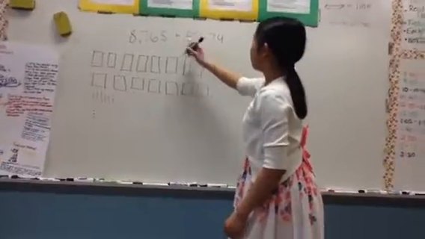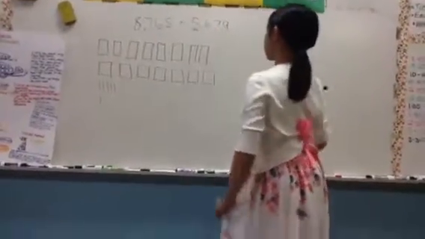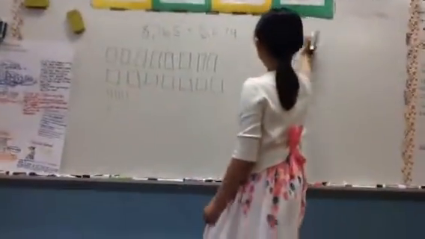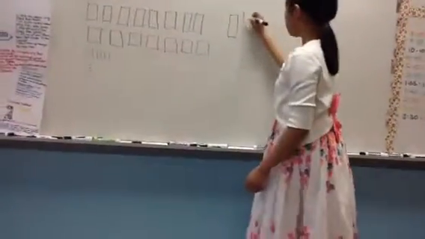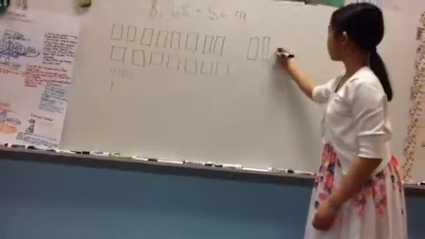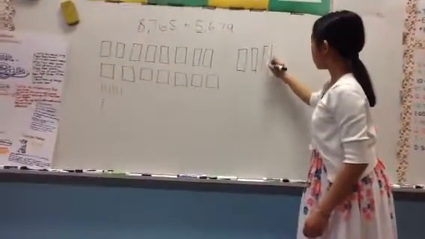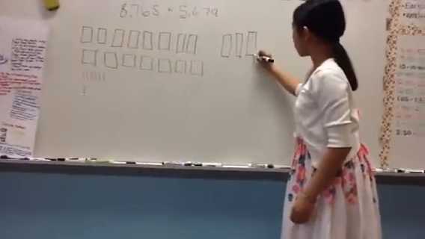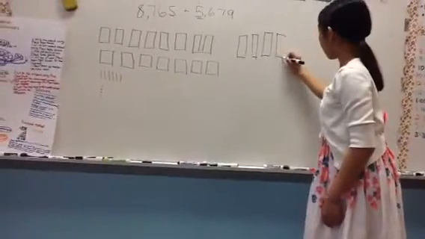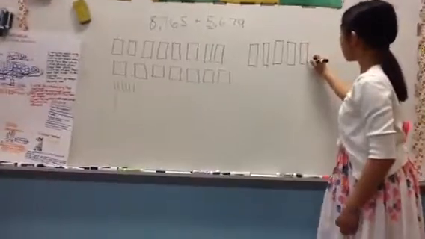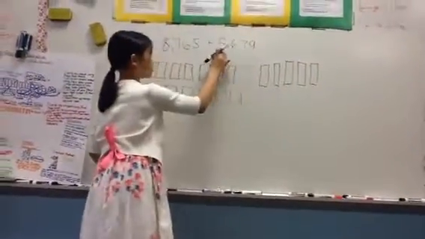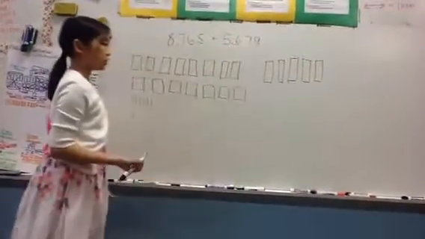We will do the thousands first. 5,000. And then we will do the hundreds.